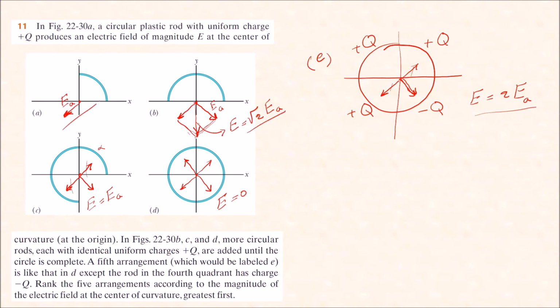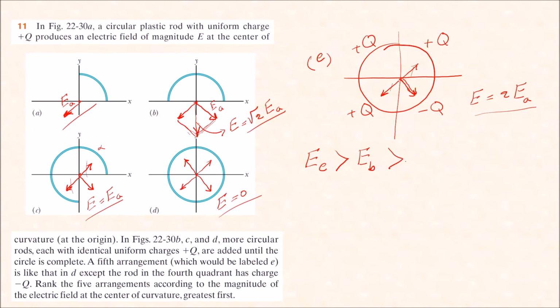In this case, it is EA. In this case, it is EA. In this case, it is 0. In this case, you have 2 EA. Now the ranking is clear, isn't it? So E in part E is greatest, because 2 is greater than square root of 2, which is greater than 1, right? The next one will be E in part B, which is square root of 2.